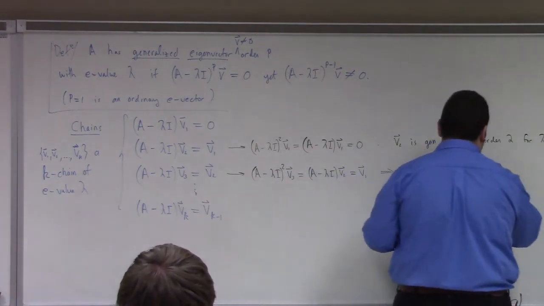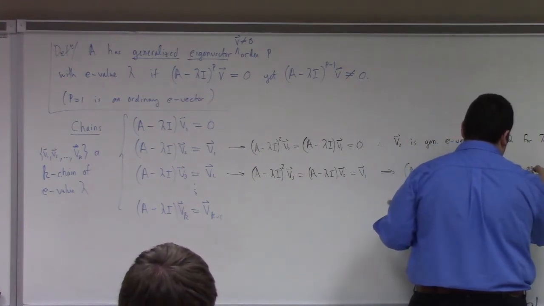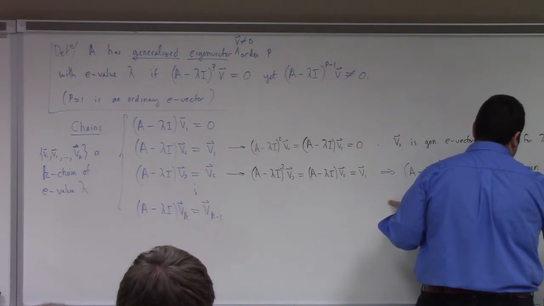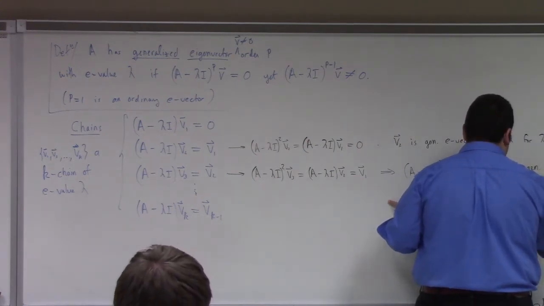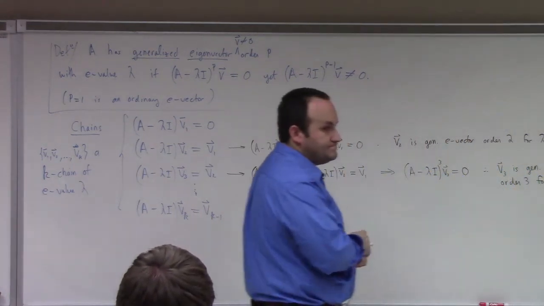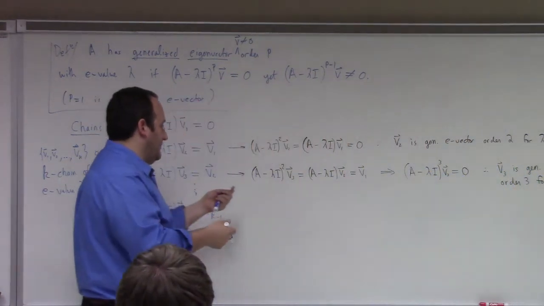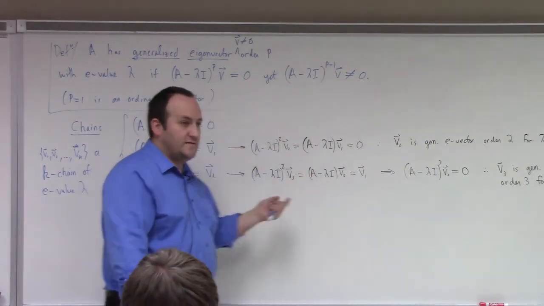And so therefore, v3 is a generalized eigenvector of order 3 for eigenvalue lambda. And you can see it's order 3, right? Because if you look at the square on v3, it's v1, which is by assumption non-zero.